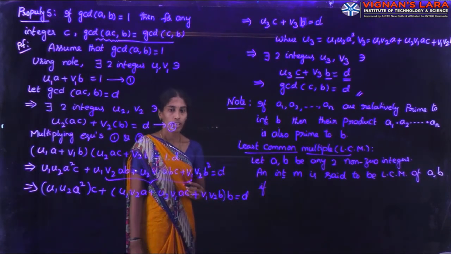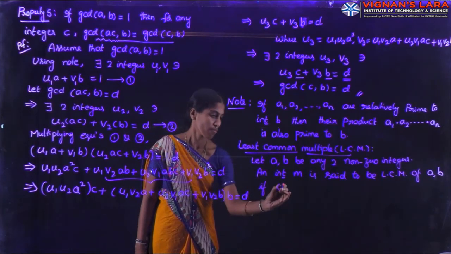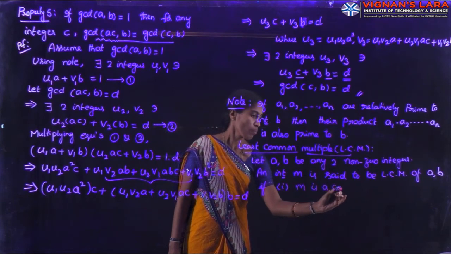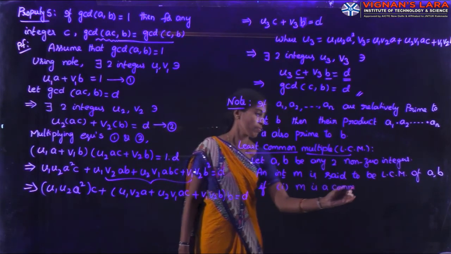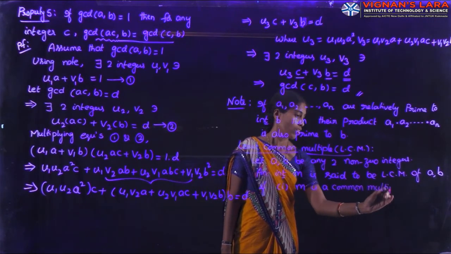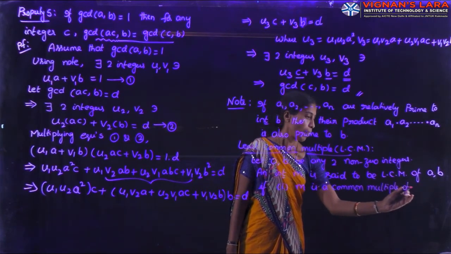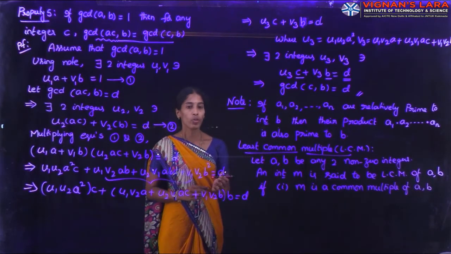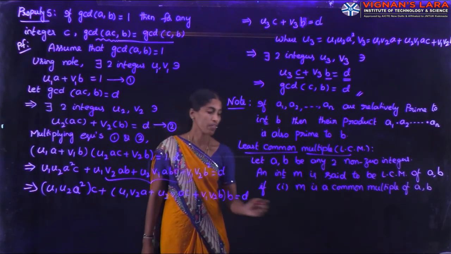if the first condition is m is a common multiple of both a and b. When do we say that common multiple of a comma b?